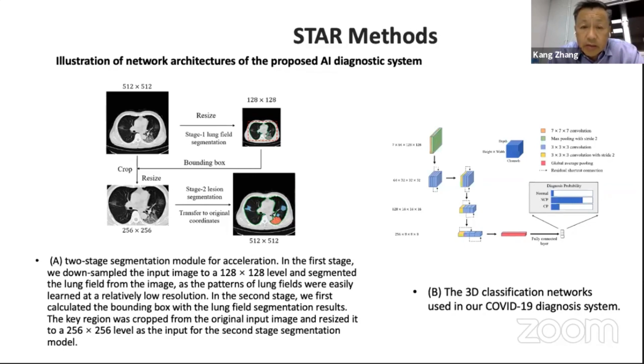So we thought we could resize some of the DICOM images quickly, and then resize back to make a diagnosis. So this is some of the methods we use, and you can look at the details of the strategy if you like.